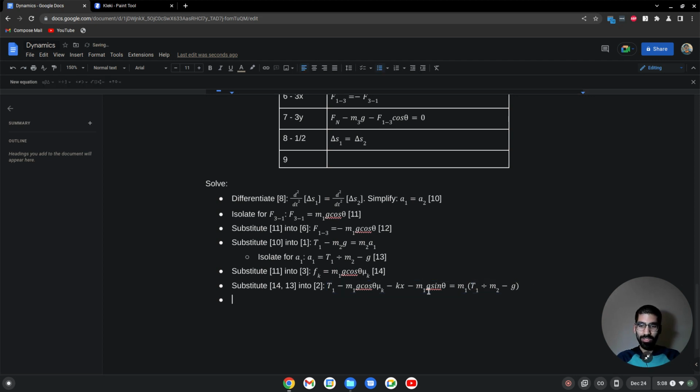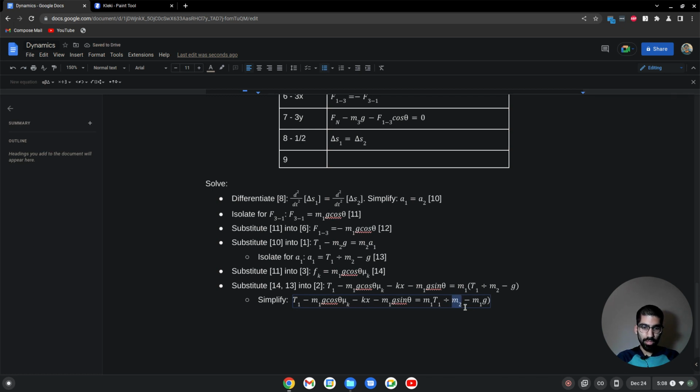And this is a mess, so let's simplify. What can we simplify here? Let's first of all expand this right hand side. Let's distribute so that we don't have to deal with this messy bracket. So we're going to have m1t1 minus m1g.